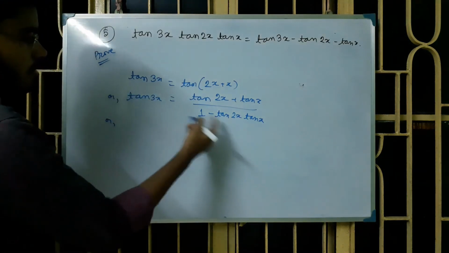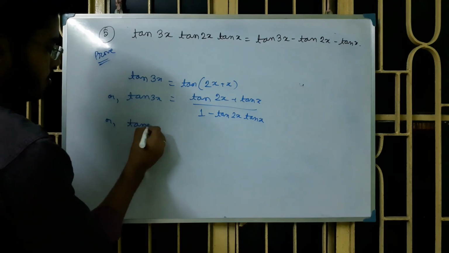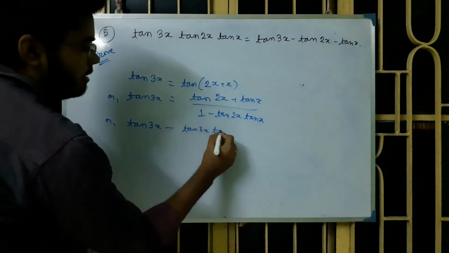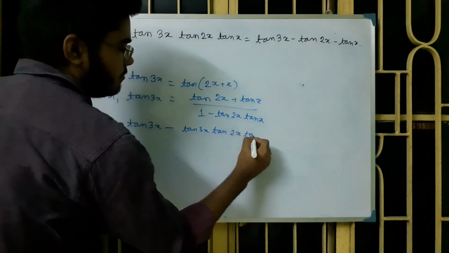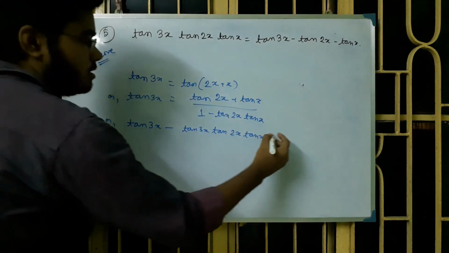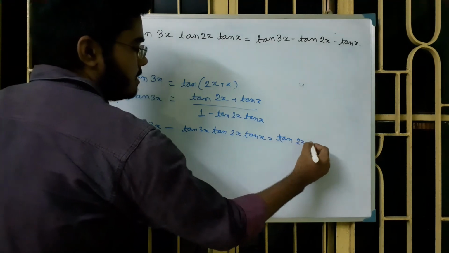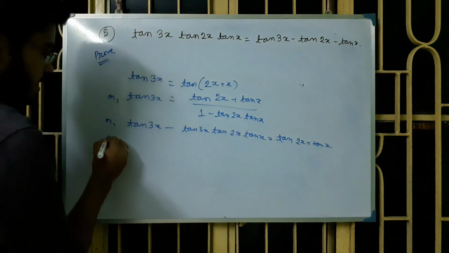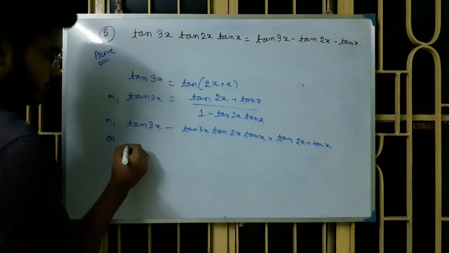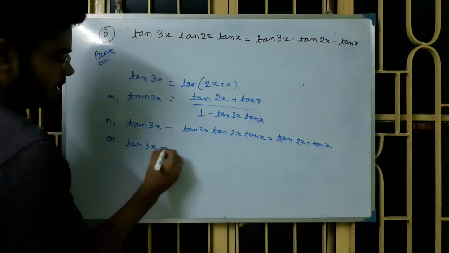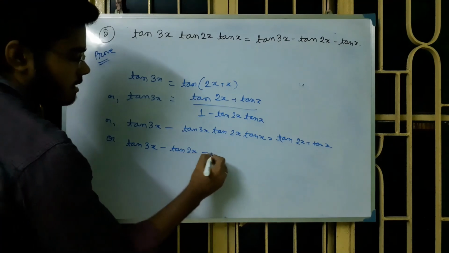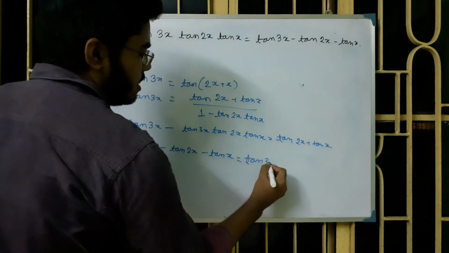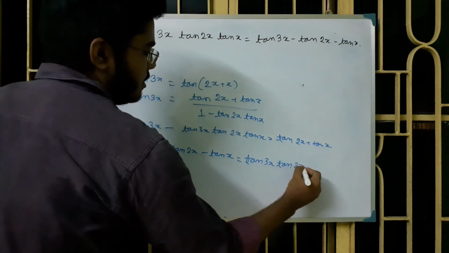Now just do cross multiplication. So tan 3x minus tan 3x tan 2x tan x equals tan 2x plus tan x. Take these terms to the other side, so tan 3x minus tan 2x minus tan x equals tan 3x tan 2x tan x.